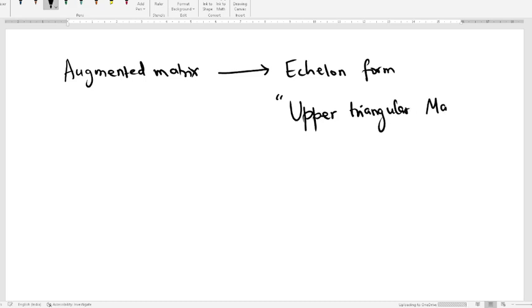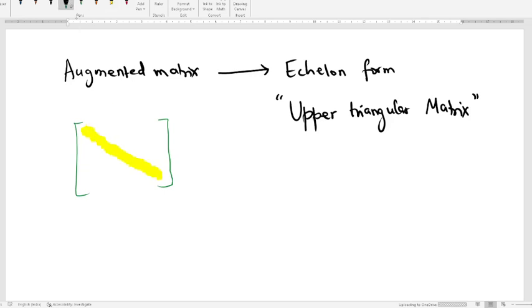Now, what is an upper triangular matrix? We all know that in a matrix, the element in the first row, first column, the second row, second column, third row, third column, and so on, form the diagonal of the matrix.